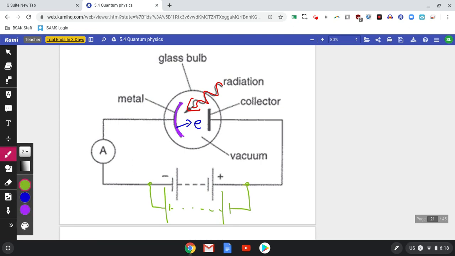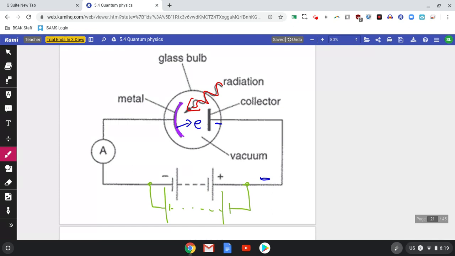Say we turned it round and made this the negative terminal and made the collector negative. What's the negative charge on the collector going to do to these electrons? You'd be right if you thought that they're going to repel them. They're going to try and push these electrons back to the metal emitter.